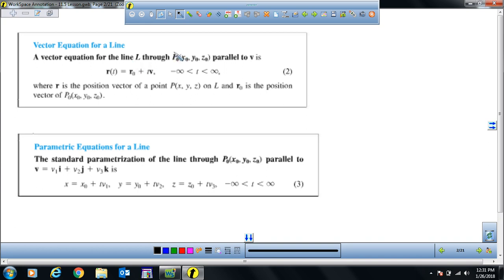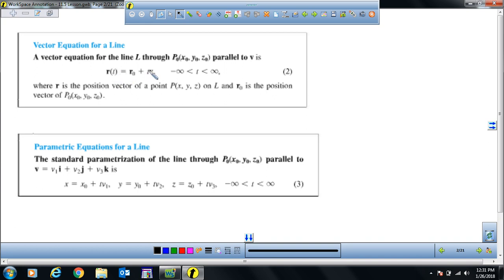So if I have a point P, x of 0, y of 0, z of 0, that is parallel to some vector v, then we can write a vector equation for the position of that vector. We call it r of t, in terms of what we call a parameter.